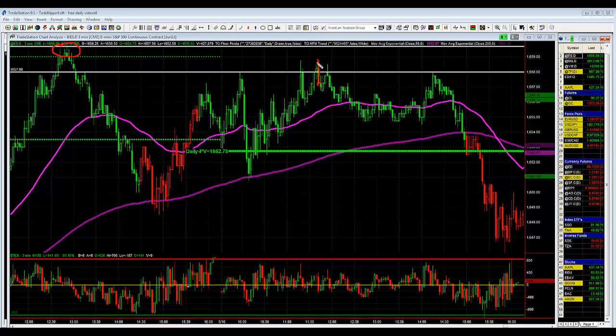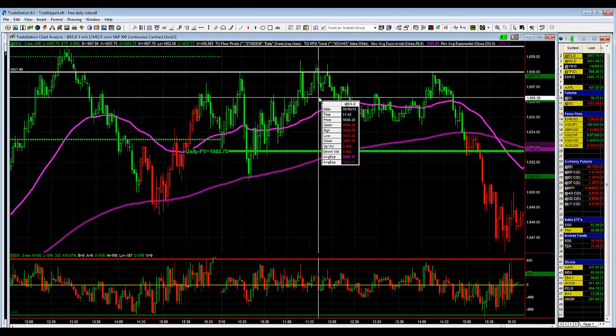It took out the prior bar's high, and that high was actually testing the high of the day. It took out the prior bar's low, right here, and closed on the low of that bar, at 1657 1/4.